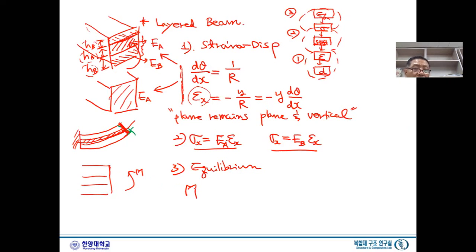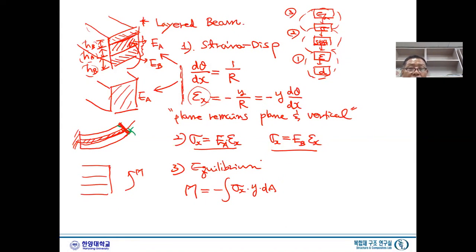Now the relation between the moment and stress will simply be sigma x times dA, which is a force, times y. That's the definition of a moment. That is the moment equilibrium. So this has to be used in equilibrium, right?